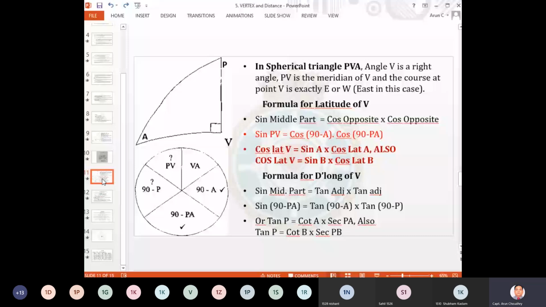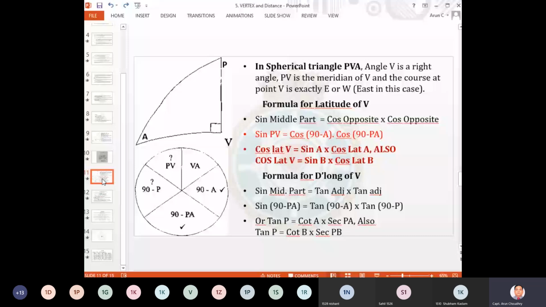Quickly say no now if somebody has not understood or not been able to calculate, because we only have 10 minutes remaining and I have to finish the longitude part. I am not seeing any no coming, so I assume that everybody is able to calculate the latitude of vertex.